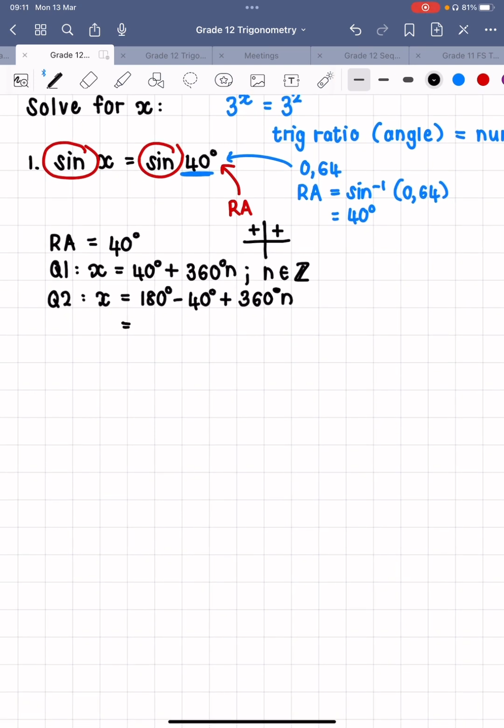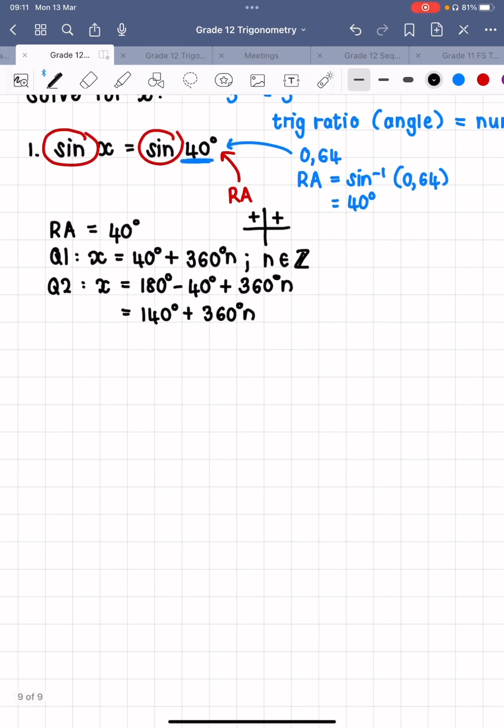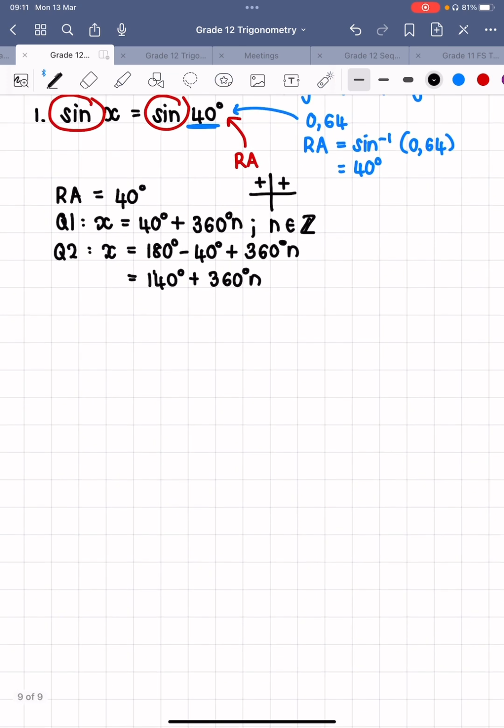What is 180 minus 40? 140 plus 360n. Okay, so guys, apart from that, we didn't actually use a calculator for any of this. We just looked at the equation to see that the reference angle is 40, and then we did quadrant 1, quadrant 2. Okay, let's do another one, number 2.